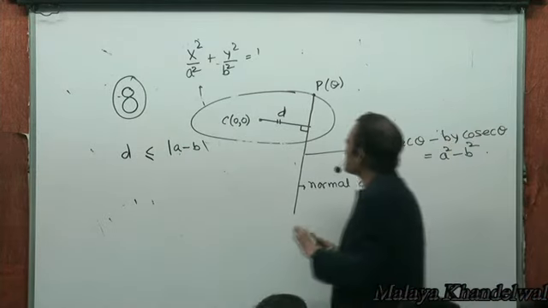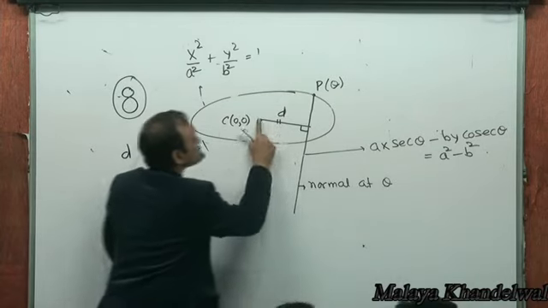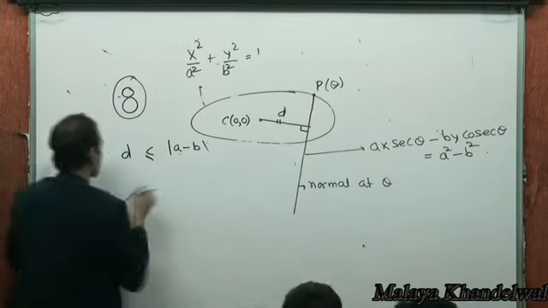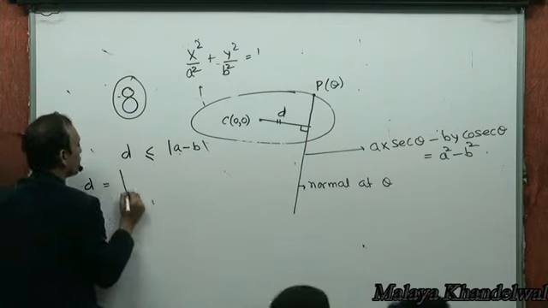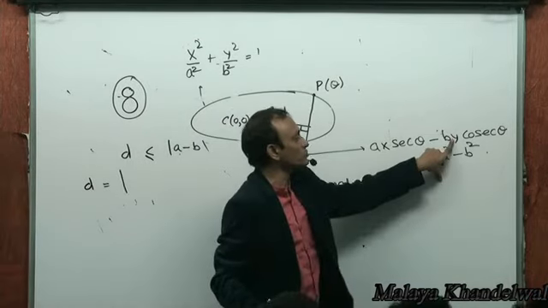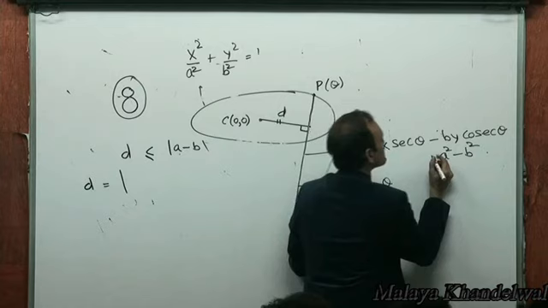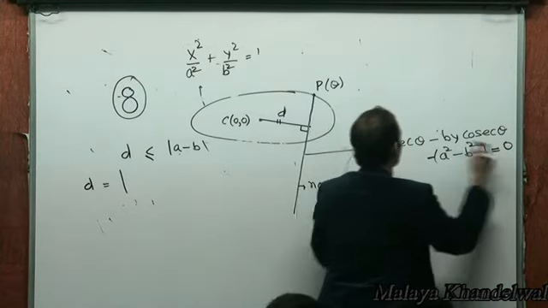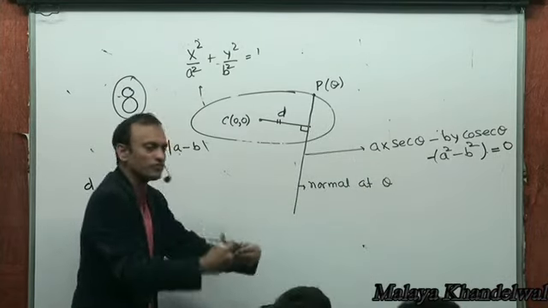Fine? Very simple actually. See, distance between 0, 0 and this normal is given by mod of, put x equal to 0, y equal to 0, and this is, say, minus a squared minus b squared equal to 0, distance formula, distance of a point from a line.